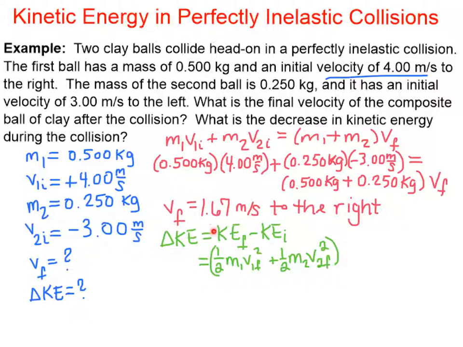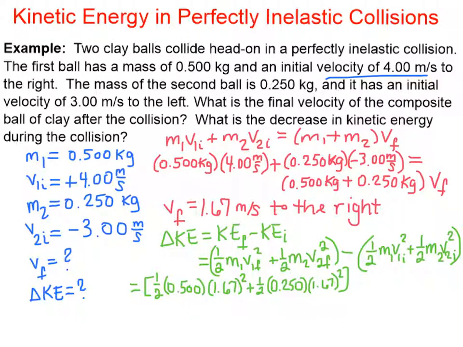So my final kinetic energy will be composed of 1/2 m v squared, final velocity, for my mass 1 and object 1, plus 1/2 m v squared, final velocity squared, for object number 2. Then I can subtract the sum of all of the kinetic energy initial. So that would be the kinetic energy for both objects. And there I wrote that down, both for object 1 and for object 2.